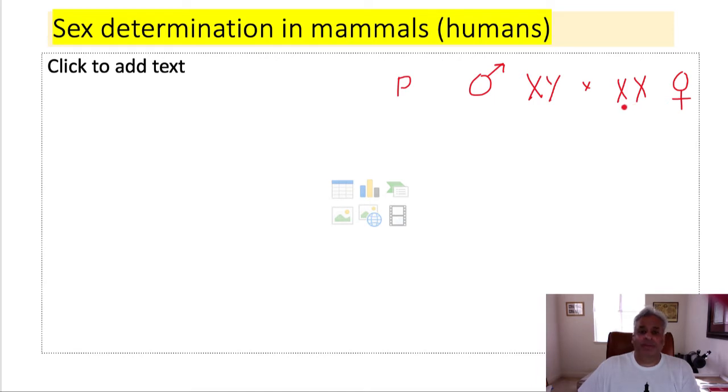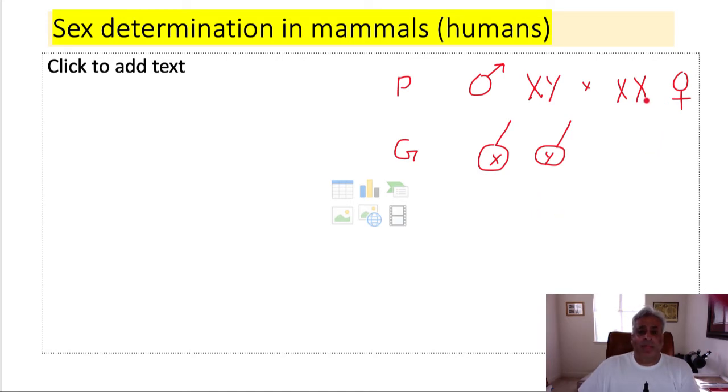Like homozygous, homogametic. So when this male produces gametes, this X chromosome will end up in half his sperm, and the Y chromosome will end up, through meiosis, in the other half of his sperm, in a ratio of 50-50.